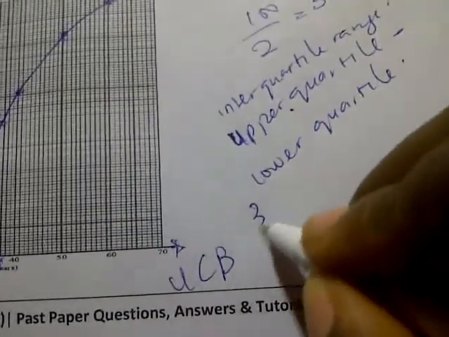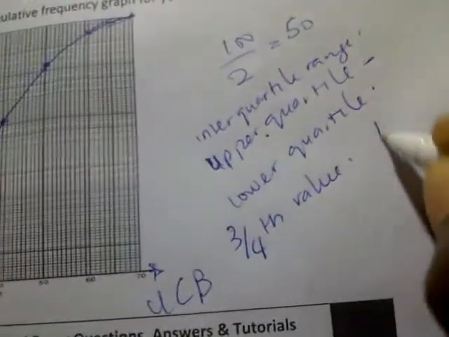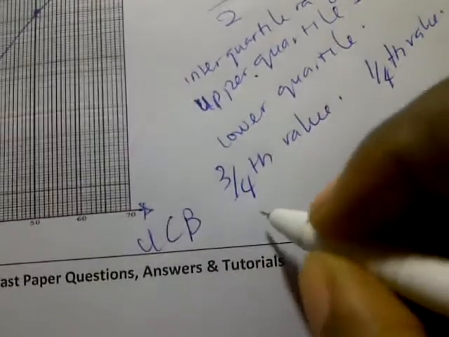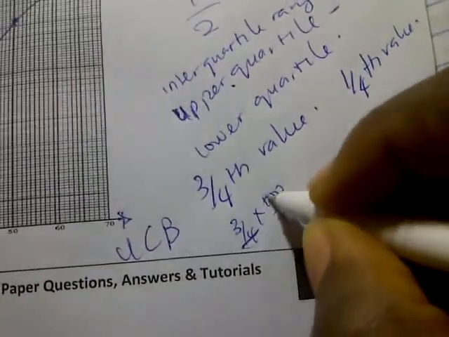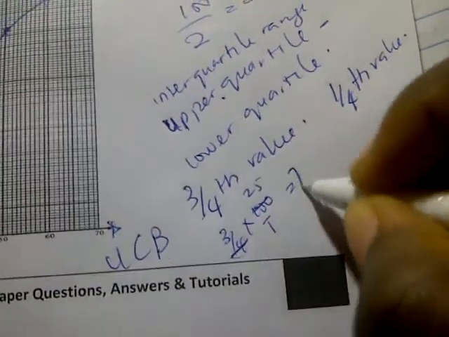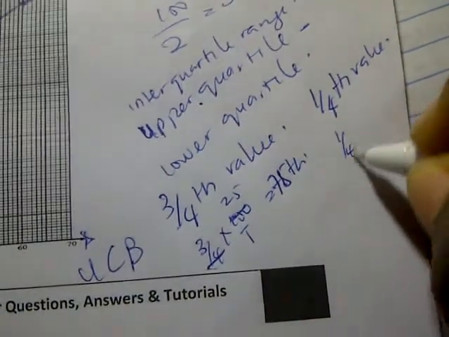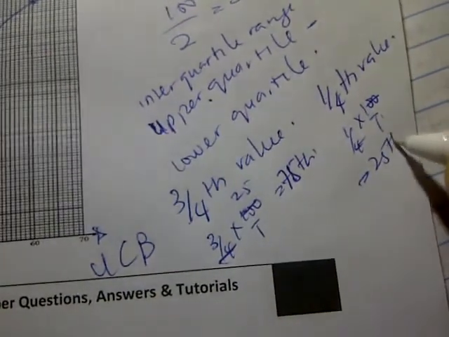The upper quartile is a 3/4 value, and the lower quartile is a 1/4 value. So for the 3/4 value, you have 3/4 times 100, which is 75, so you look for the 75th value. For the 1/4 value, you have 1/4 times 100, so that is the 25th value.